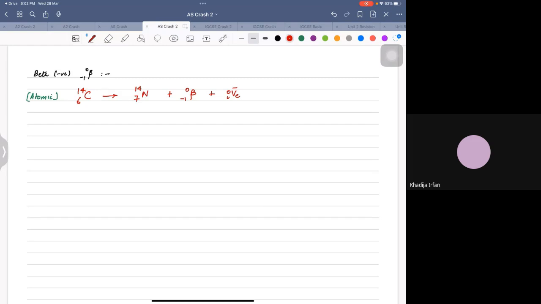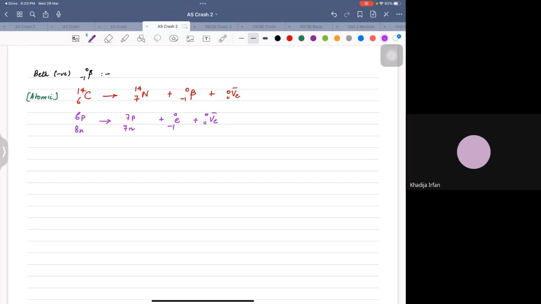Now, in this equation, you might realize that you initially had 6 protons and 8 neutrons, which basically converted to 7 protons and 7 neutrons, 1 electron that is negative, and an anti-electron neutrino.